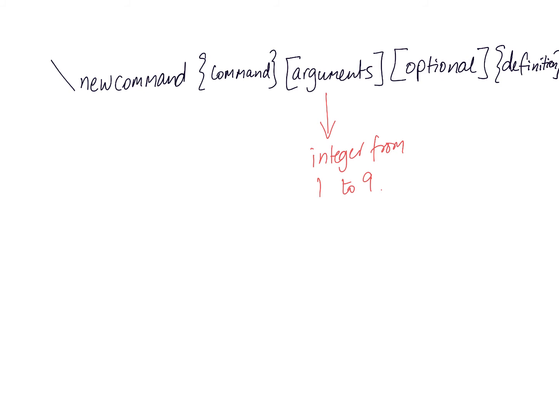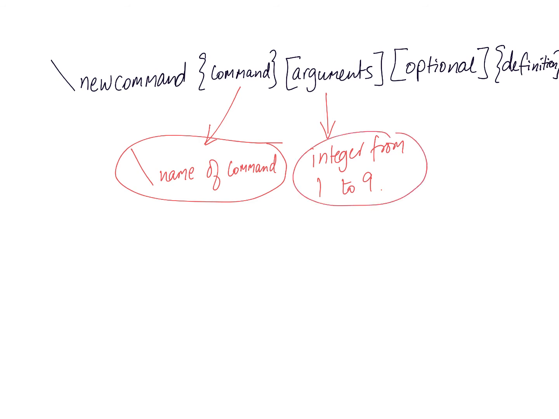Okay. So the command name is backslash and the name of the command. That's how you would define it. Then the optional one: if this is present, then the first of the arguments would be optional with a default value given here. Otherwise, all arguments are mandatory.